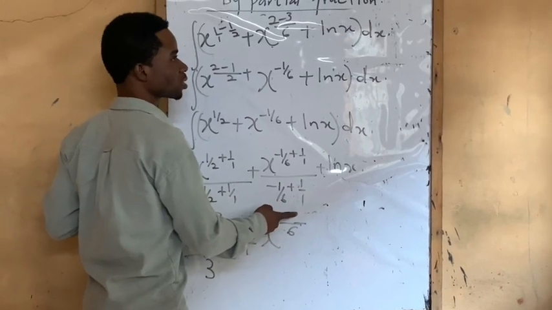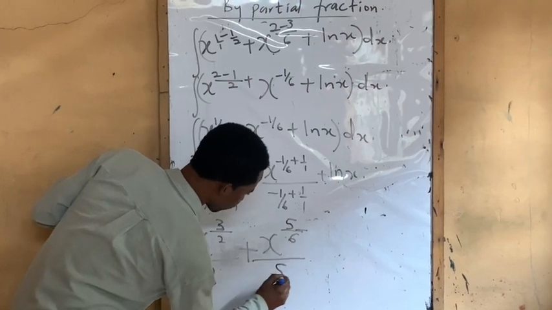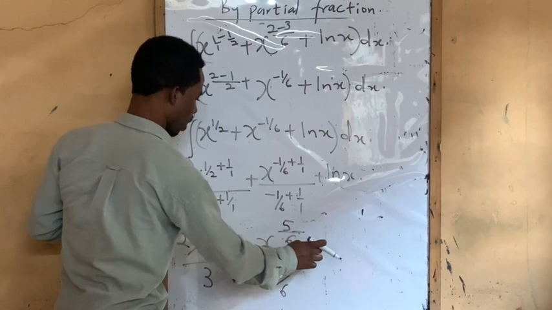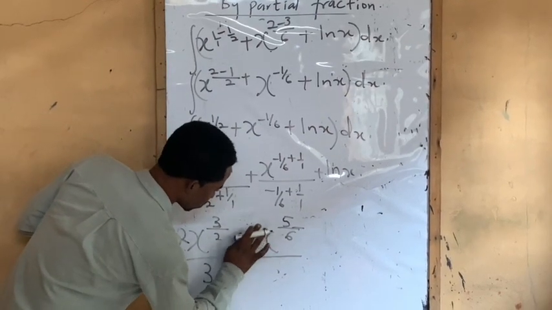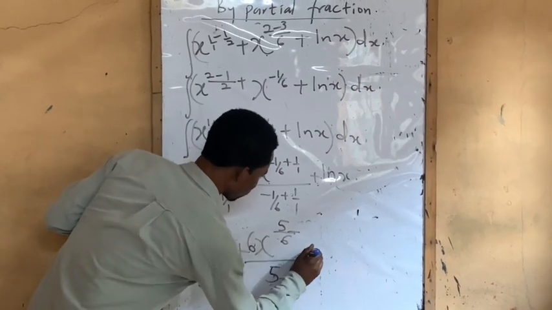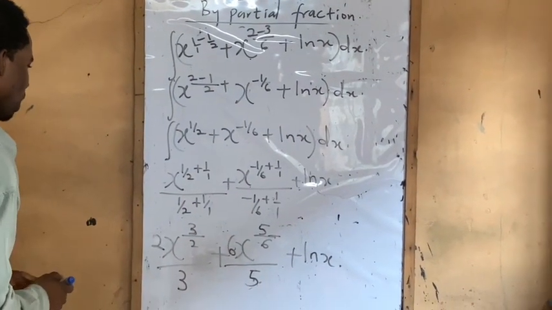Minus 1 plus 6, that is 5. 5 all over 6, all over 5 all over 6. If I take it here, that's times 6 over 5. So 6 will come here, that is 6x, without wasting our time, 6x all over 5, plus ln x.